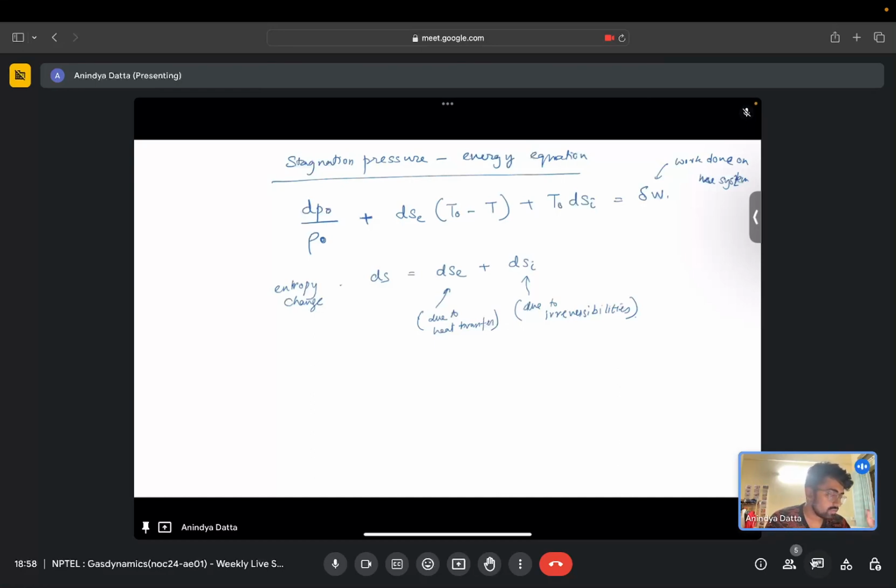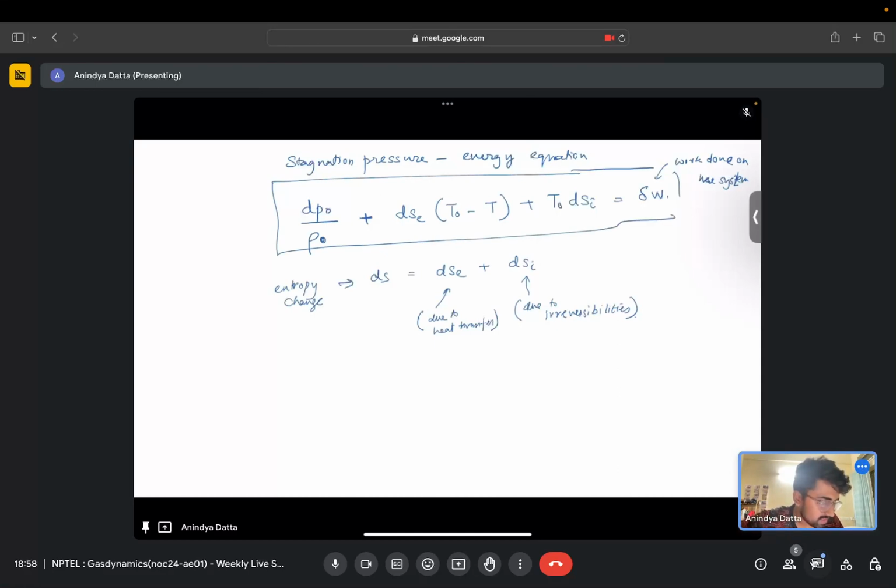Remember that everything we are dealing with now is flows. So the control volume that we place, on which we perform the analysis, is an open system. So entropy change is these two parts: entropy change due to heat transfer and irreversibilities. So this is my stagnation pressure energy equation.